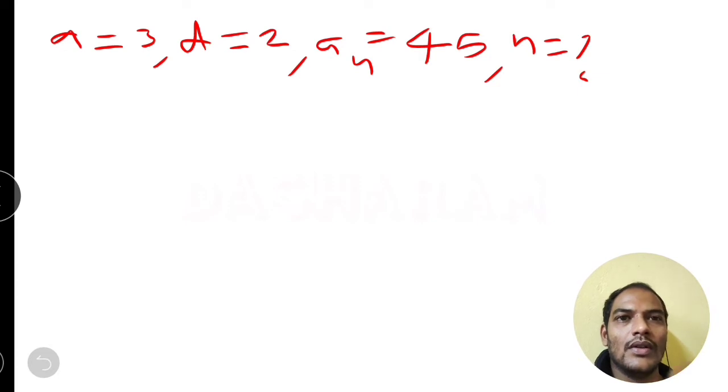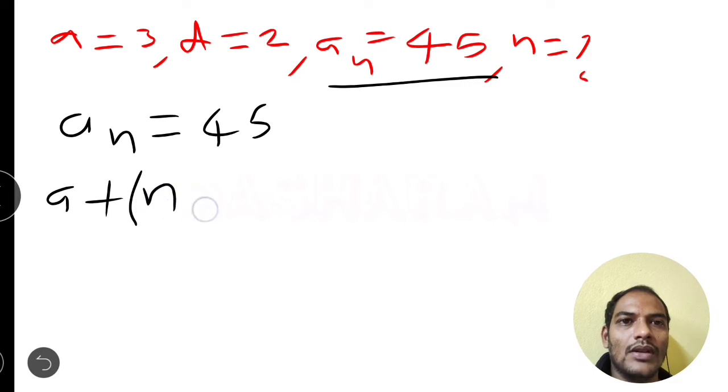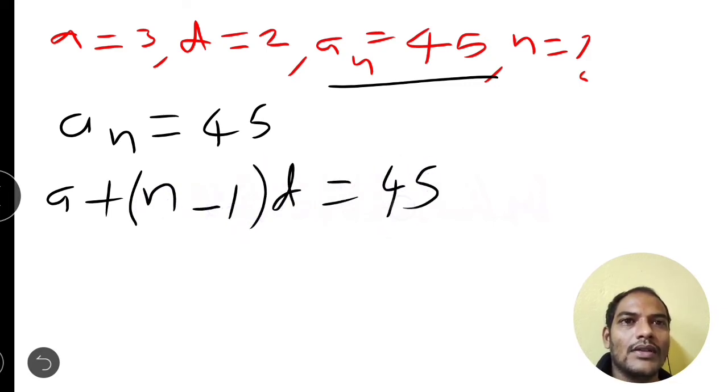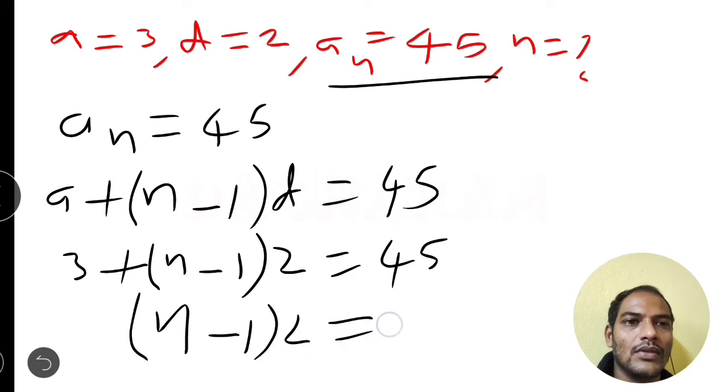So to find out the n value, see here an value is given. So an equals 45. But the an formula is a plus n minus 1 into d, and it equals 45. Substitute a and d values: a value 3, n minus 1 into d value 2, equals 45.